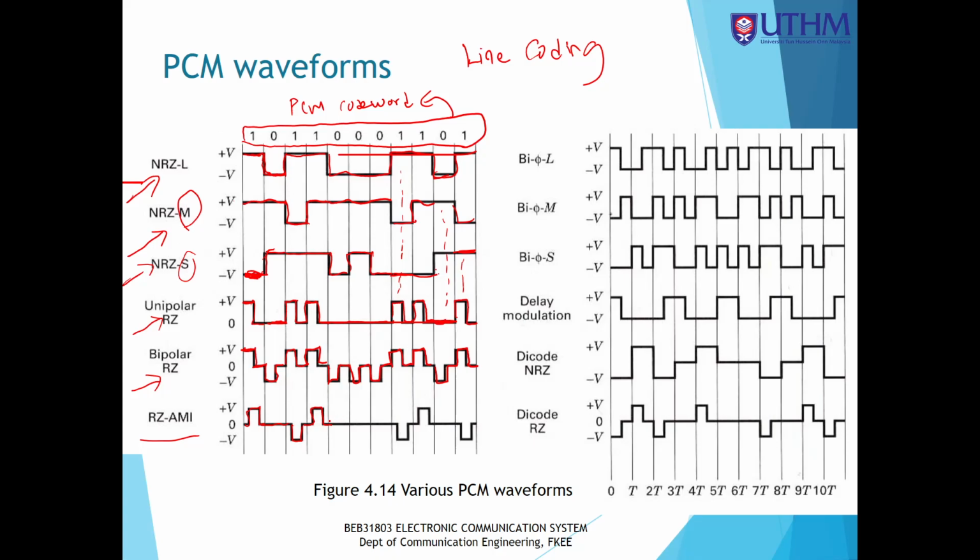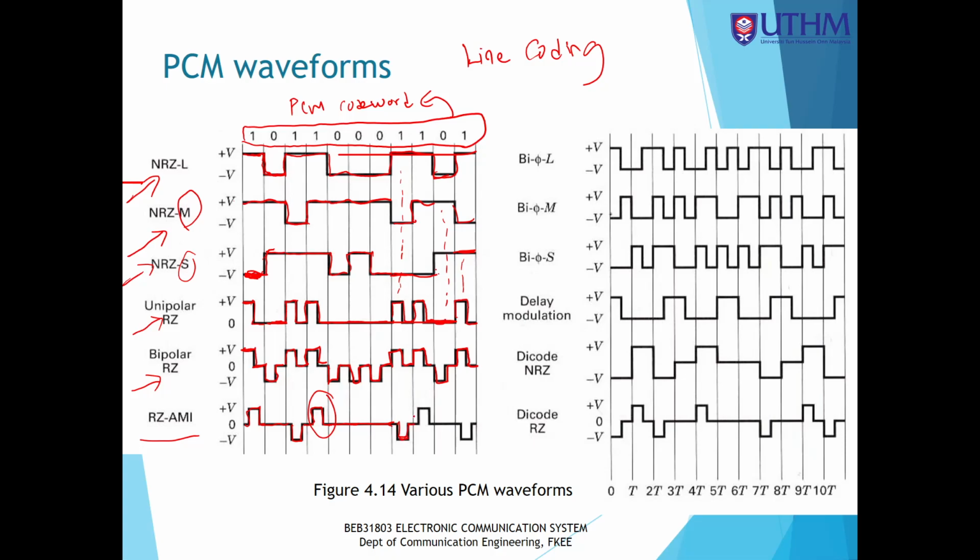Then the next three input bits are logic 0. Logic 0 will not change anything at the output, so it will remain at 0 volt. And then the next input is logic 1, so it will alternate the polarity. Previously it was positive, so now it becomes negative output voltage for half of the bit time, then return to 0.